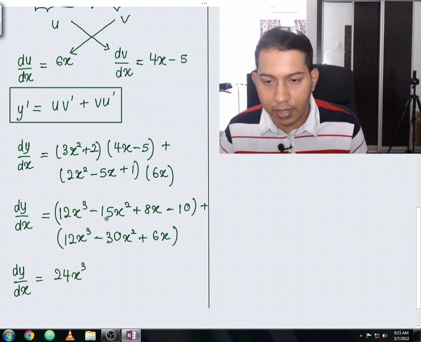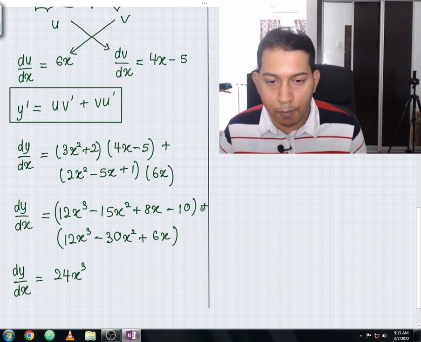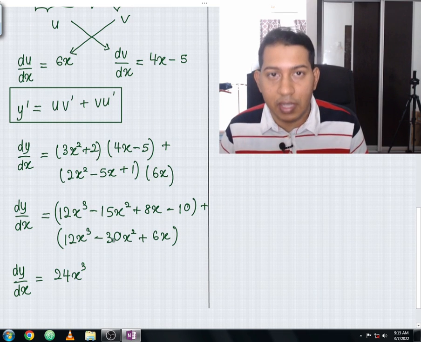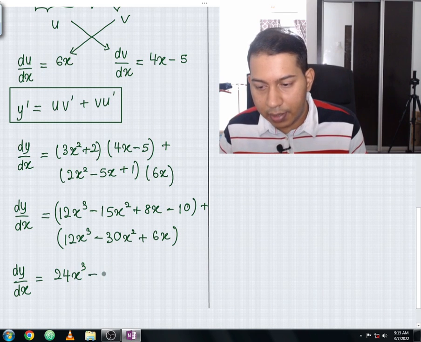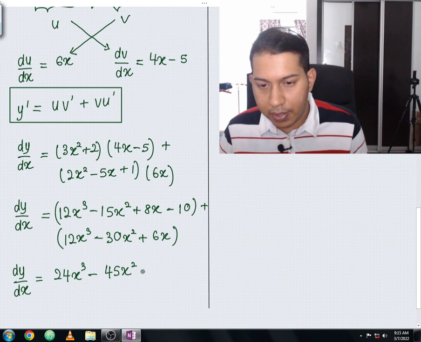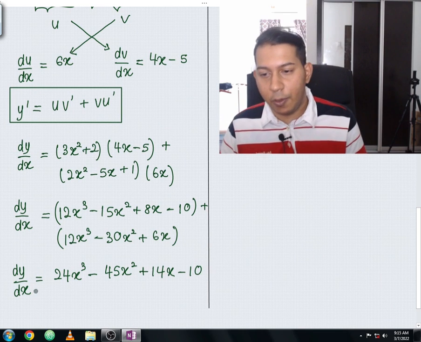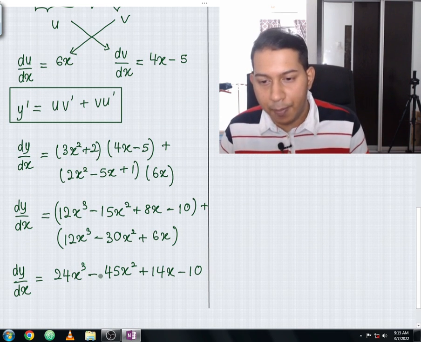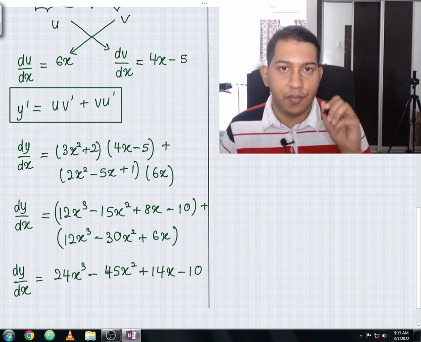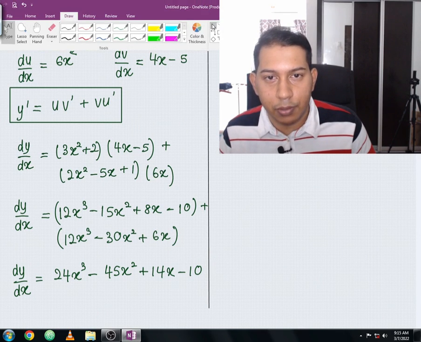Proceed to the power of 2, negative 15x squared plus negative 30x squared gives negative 45x squared. 8x plus 6x you get 14x. And you are left with minus 10. So your dy over dx will be equal to 24x cubed minus 45x squared plus 14x minus 10. Let me underline the solution for example 2.